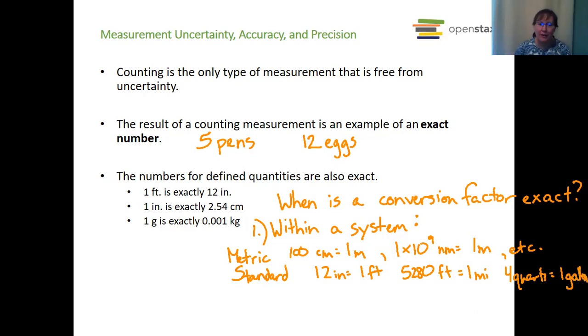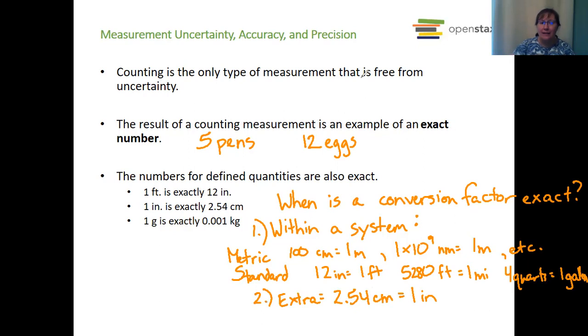Those are exact values. Okay. Now, there's one more, and then there's an extra. We're just going to call this an extra one. And that's 2.54 centimeters is equal to 1 inch. Those are all exact.